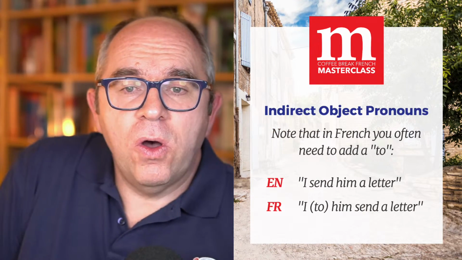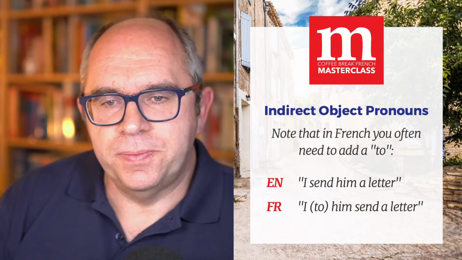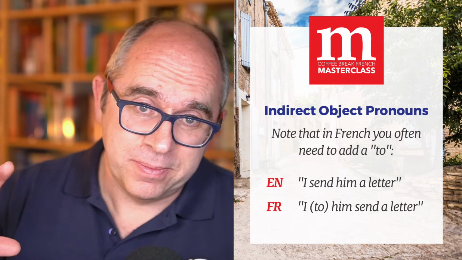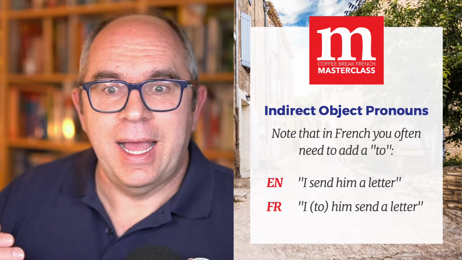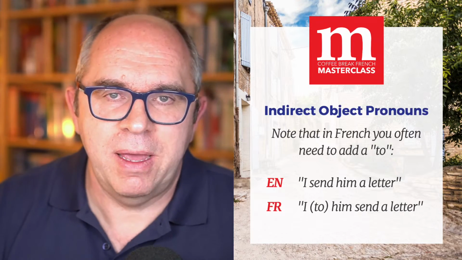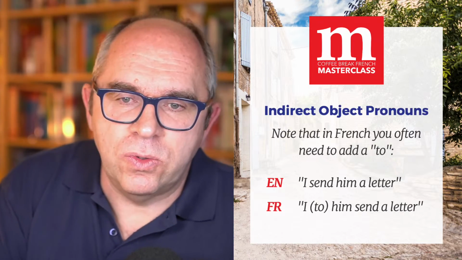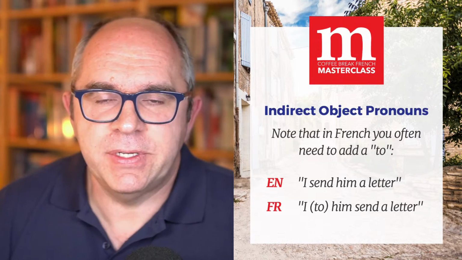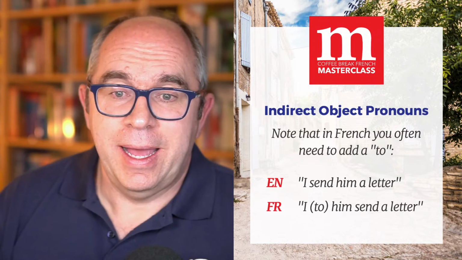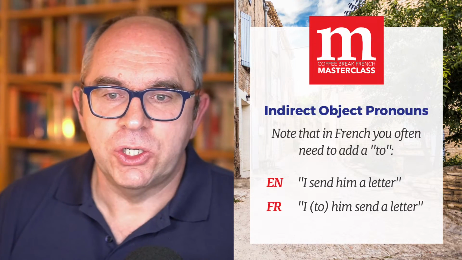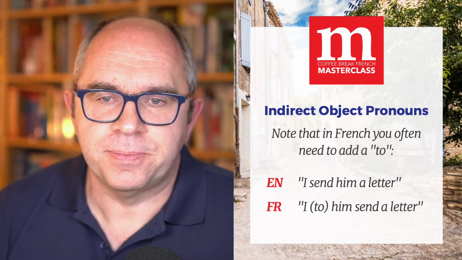Note that in French, you often need to add a to. For example, in English, we can say, I send him a letter. In actual fact, the concept there is I send to him a letter. I send a letter to him. But we can miss out the to if we put the him straight after the verb. But in French, we have to say to him. And we have to change the word order. I, to him, send a letter. Je lui envoie une lettre.